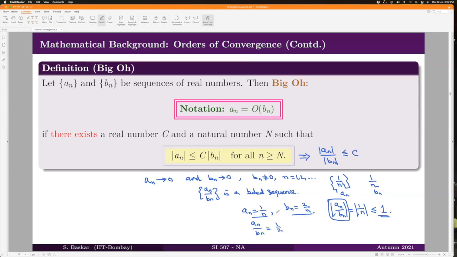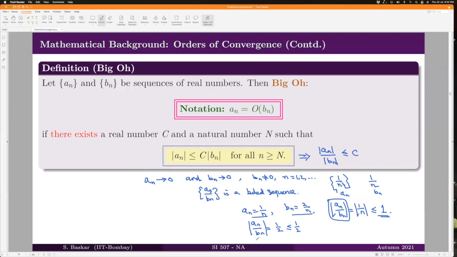Just intuitively speaking, both are going at equal speed, and they therefore compensated each other and made this sequence bounded. Well, we can put any number greater than or equal to 1 by 2. Let me just take 1 by 2 itself, and that is the c that is working in this example.